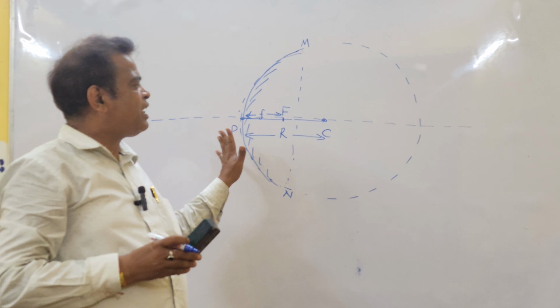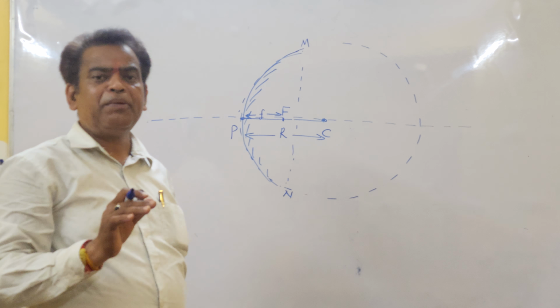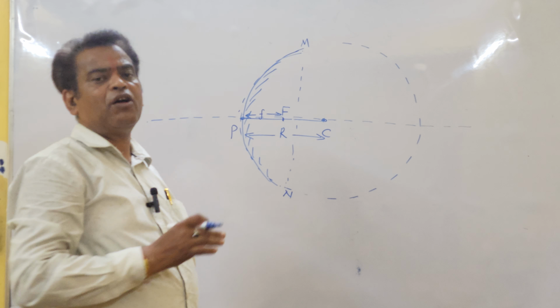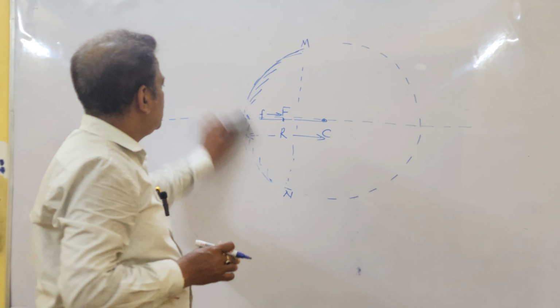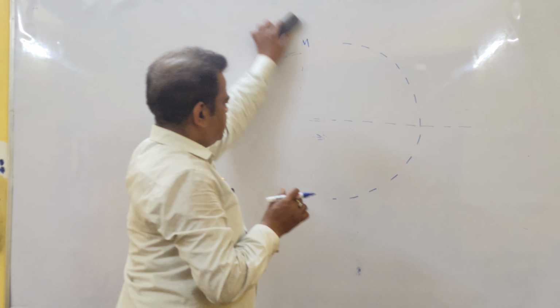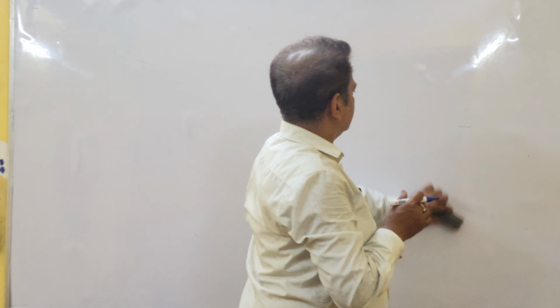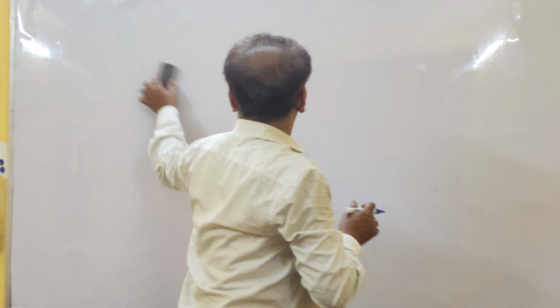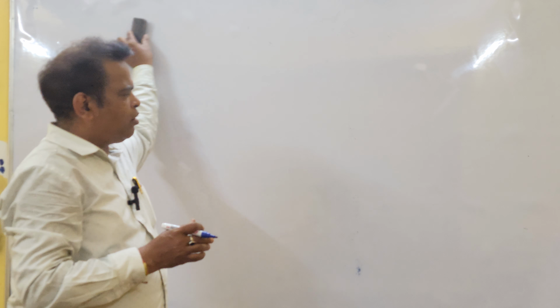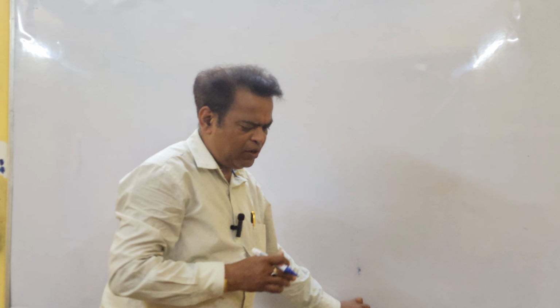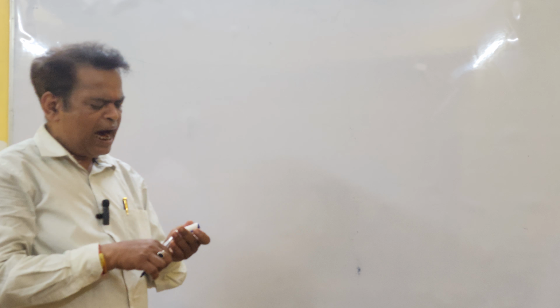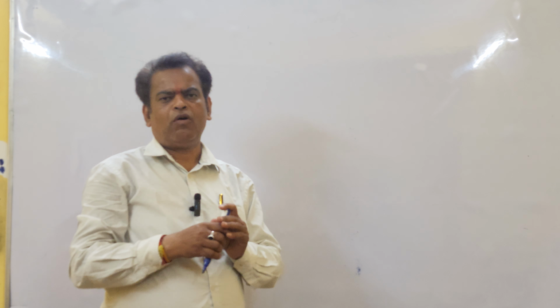So totally this was about your concave mirror and also the convex mirror. Clear na? So this was about your spherical mirror, and another important discussion in the reflection of light is the mirror formula.